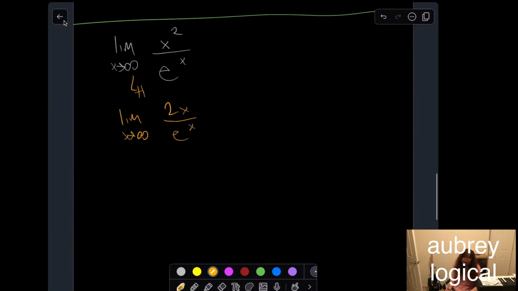As you can see, our e to the x is never going to be anything besides e to the x. So our goal at this point is to get rid of the x in the numerator. So taking L'Hopital again, we're going to end up with 2 over e to the x.